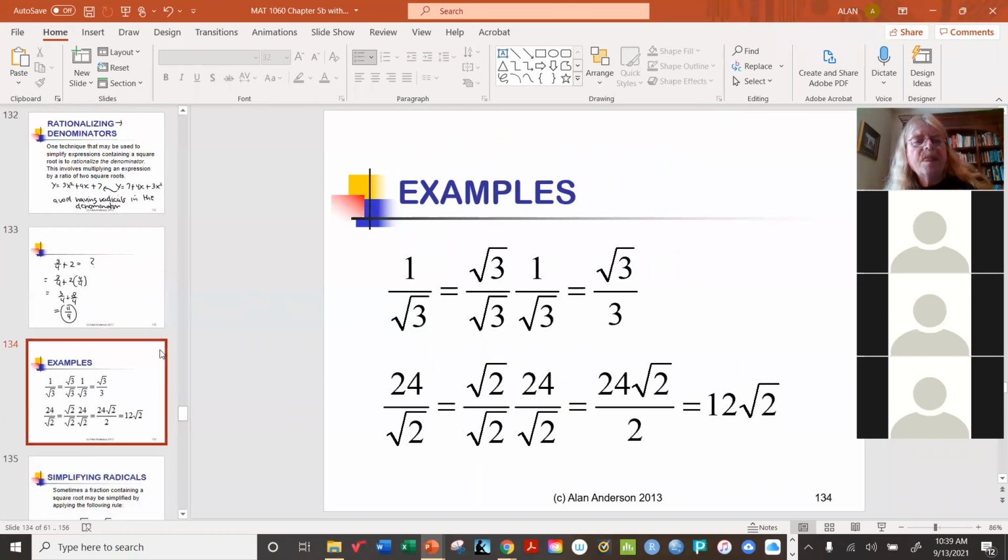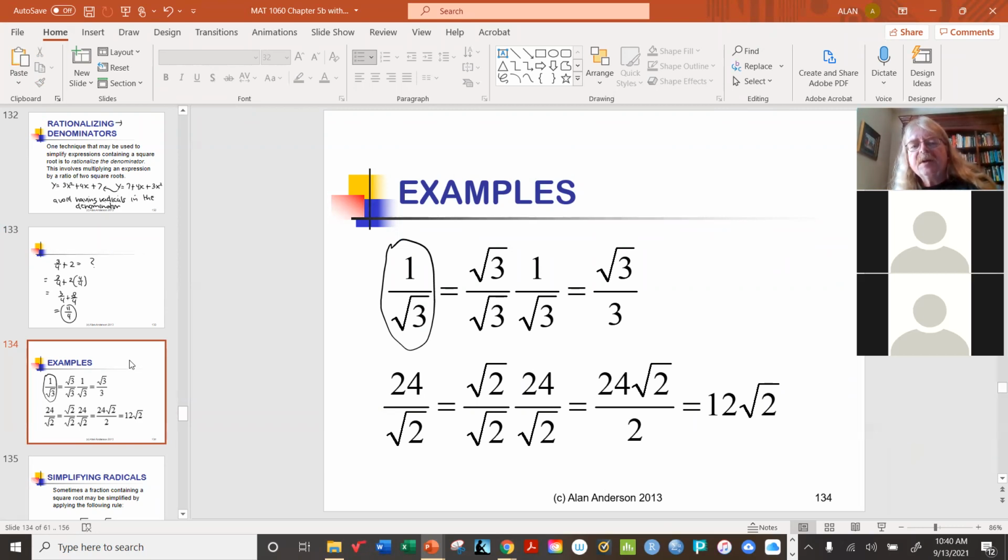Okay, now let's take a look at some of these. Now, I want to point out that in some of these cases, what we're doing here is not going to simplify anything, but again, by convention, something like this, we can easily get rid of this irrational number in the denominator by multiplying it by a special version of 1. This, of course, is 1.